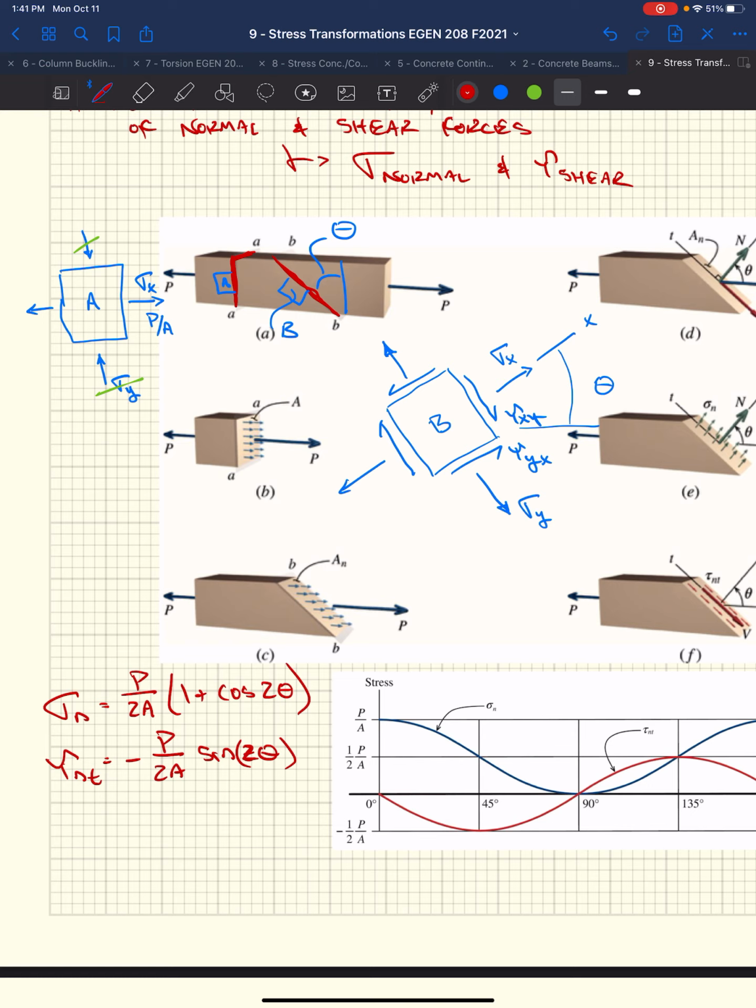Well, when theta is 0, sine of 0 is 0, so we have no shear stresses. So if we had a plane that's oriented vertically, as we start rotating this block, we end up getting normal and shear stresses that occur.